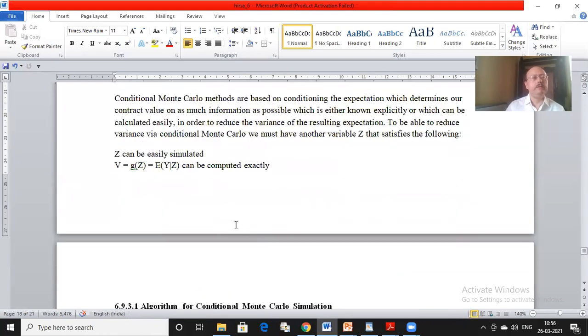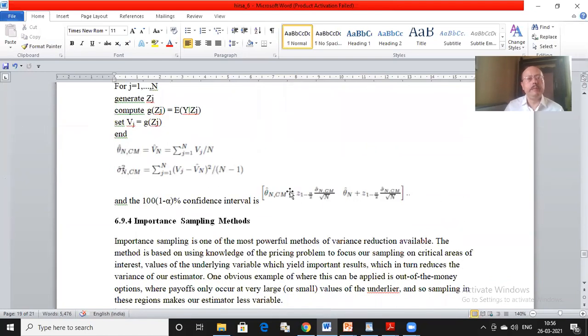Typically, we know that conditional expectation reduces variance. So if we can select our z properly, we will be able to show that sigma square n comma cm, this new sampling variance, will be less than the unconditional sampling variance. So that's the general idea.